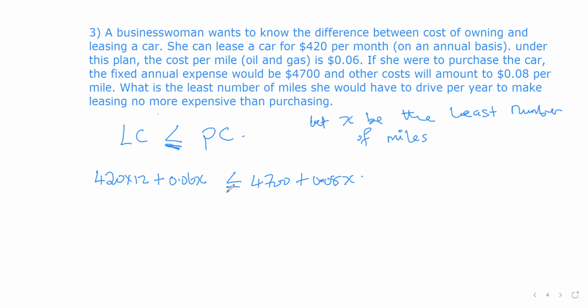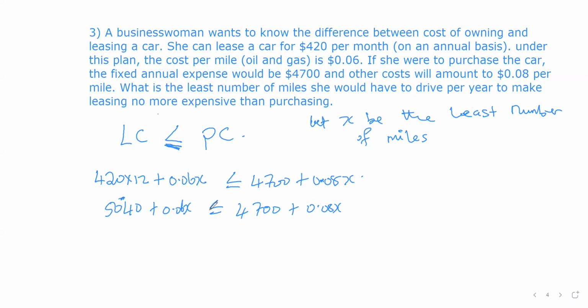So simply do the same thing we always do. Collect like terms. So first of all, my 420 times 12, I'll do in my calculator. 5040 plus 0.06x is less or equal to 4,700 plus 0.08x. Okay, I would like to bring my 0.08 to the side and take my 5040 to that side.